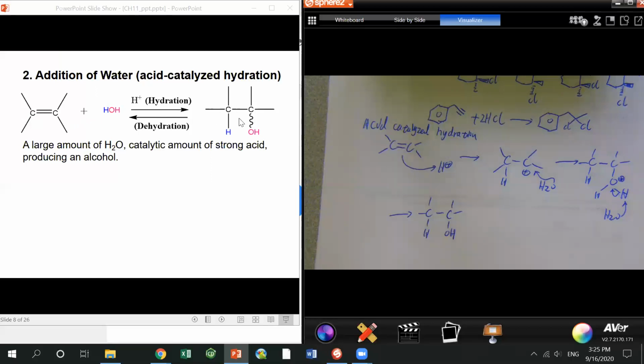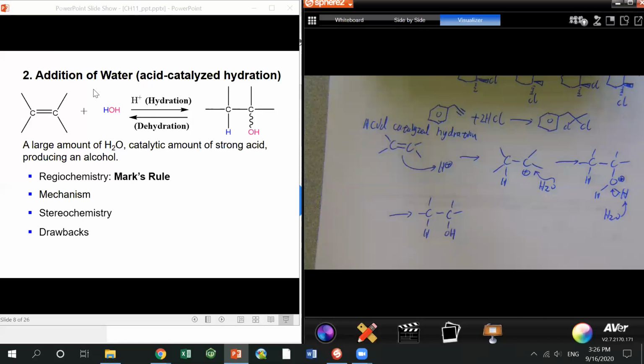If you want dehydration, you can use a drying reagent to remove any water generated in the reaction and push the equilibrium to the left. So keep in mind this is a reversible reaction.